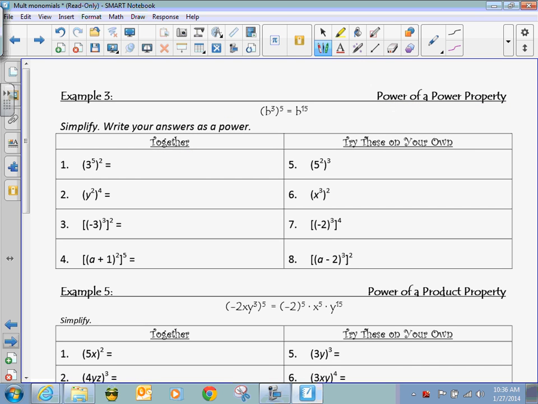Here what we're doing is we're taking that monomial, b to the 3rd, and we're raising it to the power of 5. When we're doing a power of a power, that's when we're going to multiply our exponents.